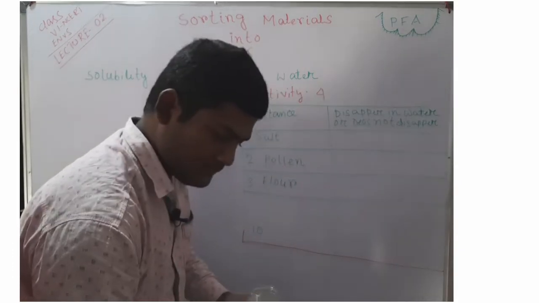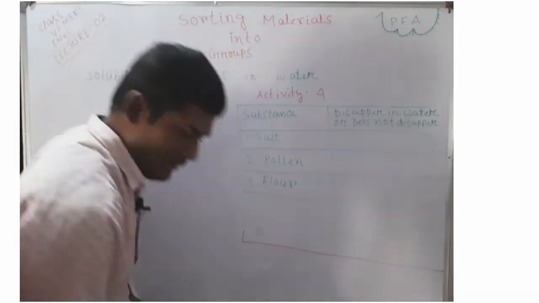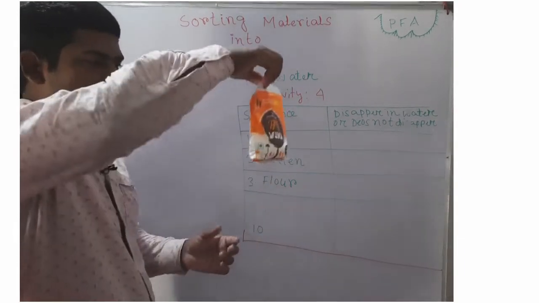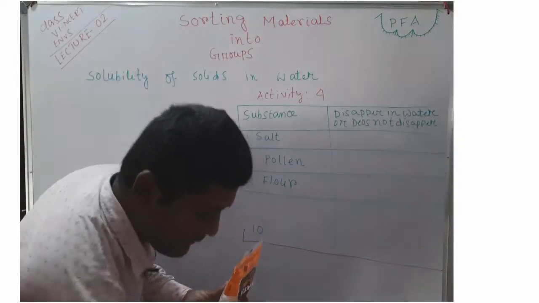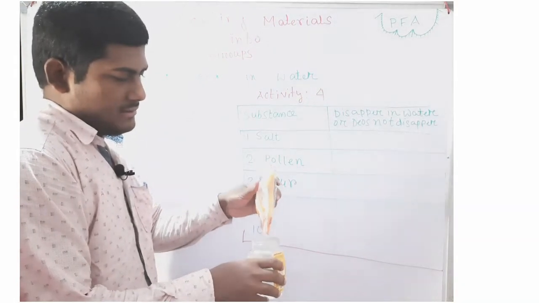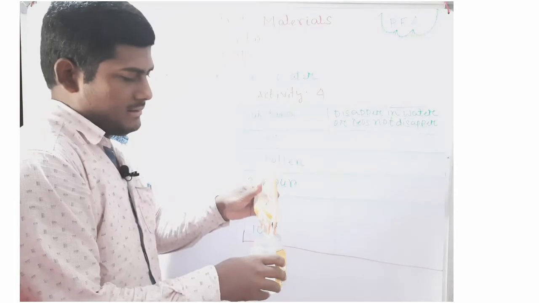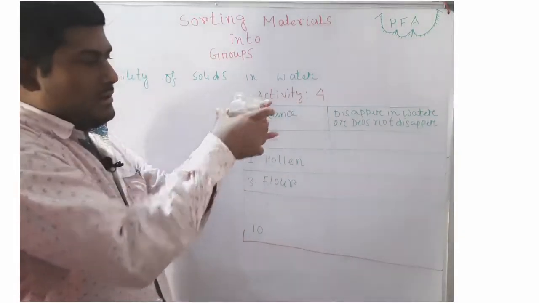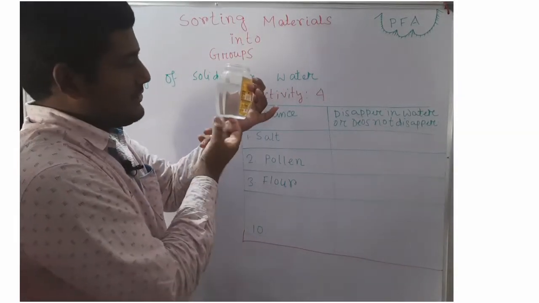Now let's take a small amount of salt. So this is your salt. Now we will pour some salt into this jar. So you are seeing that I add some salt in this jar.